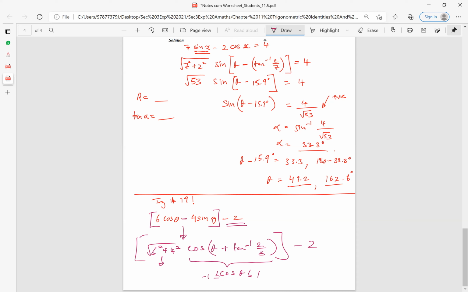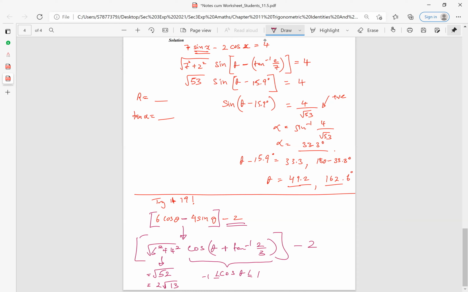Is it square root 52? Okay, and you can further simplify this into 2 square root 13, 4 times 13. Simplifying your surds, where you will always get one prime number for your surds.